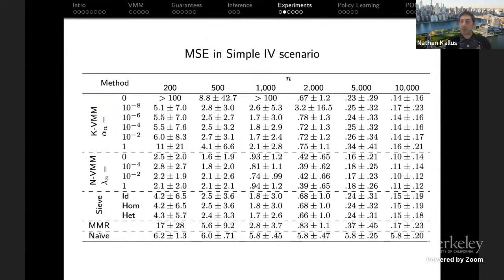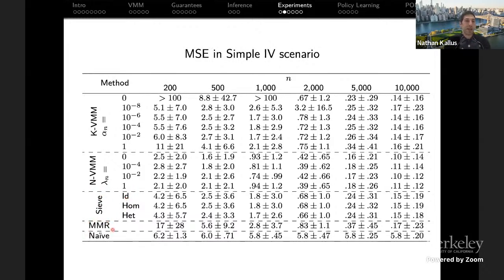So first, rather than tell you about the setup of the experiment, there's no point to it. I'll tell you, we look at first a simple setting and then a more complicated setting. And at a high level, the story is as follows. If you're interested in the specifics of the setup of the experiment, you can look in the paper. But here I'm just looking at different estimators, the VMM estimator, various Sieve estimators, as recommended in the Ian Chen paper with different versions of that.